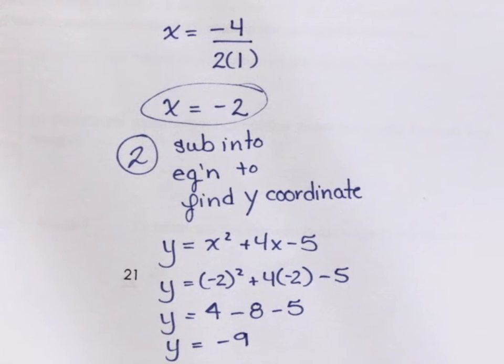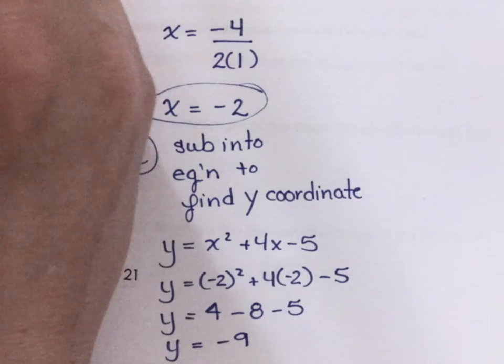So what's the coordinate of the vertex? Negative 2, negative 9. So like I said, with the vertex, we got to do some math. It's not as easy to find it when we're not in vertex form.